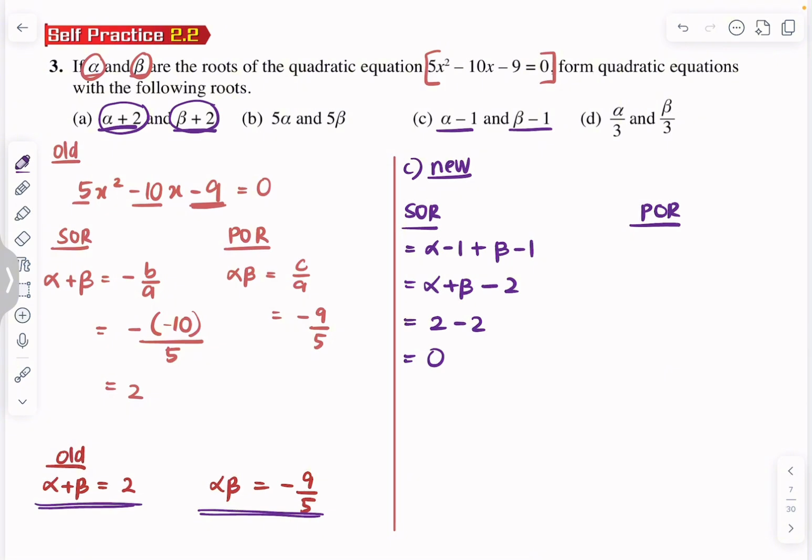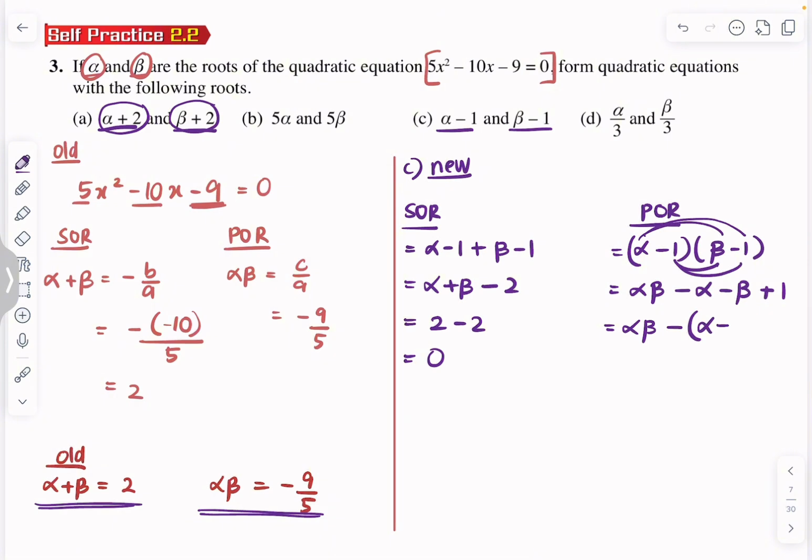Then our product of roots will be alpha minus 1 times beta minus 1. We expand this: alpha beta minus alpha minus beta plus 1. Factorize this: minus alpha plus beta plus 1.